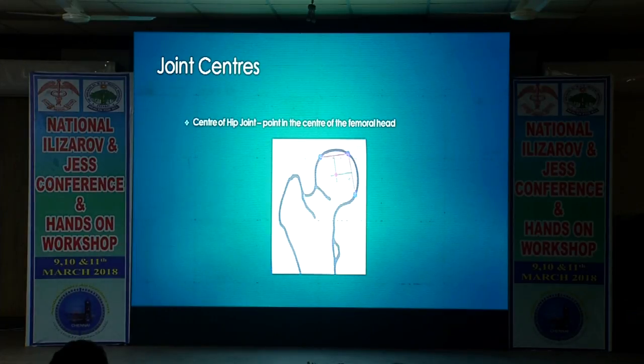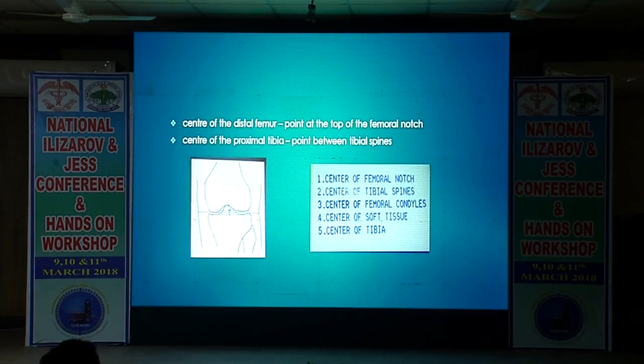In the lower limb, the first is the center of the hip joint, and for that purpose, you put a circle on your X-ray, and the center of the circle is the center of the hip. On the knee joint, the center of the distal femur is the point at the top of the femoral notch, as shown on the X-ray.